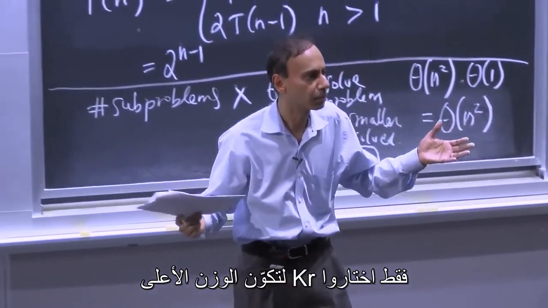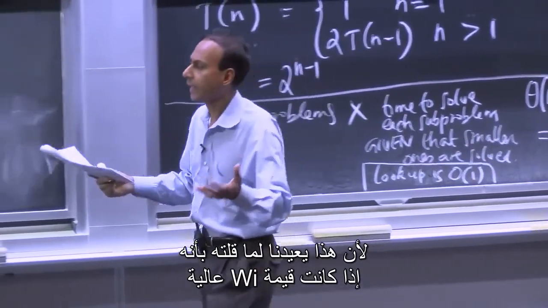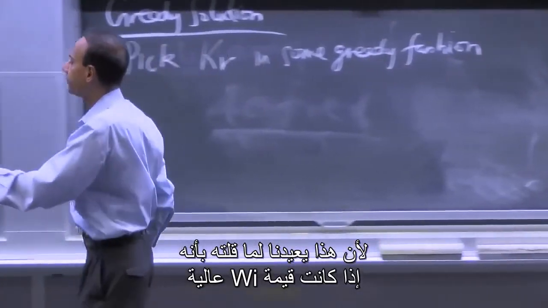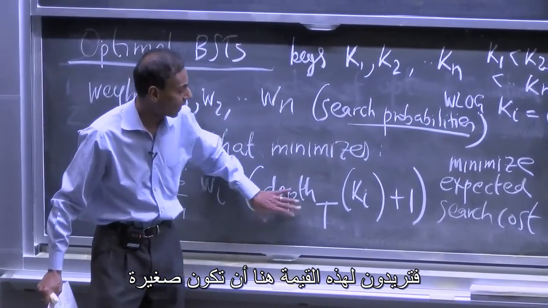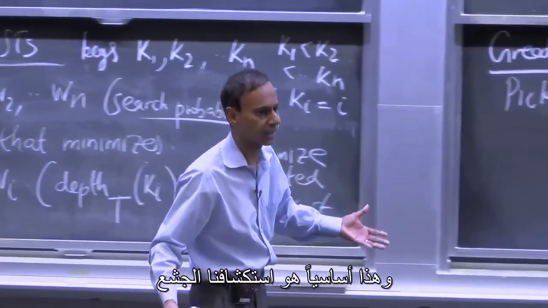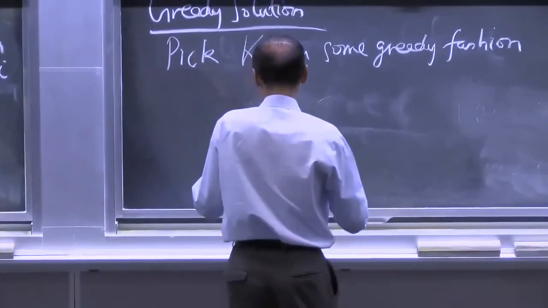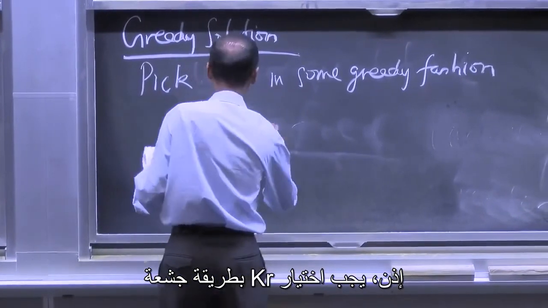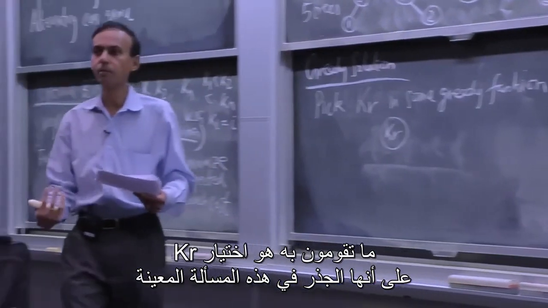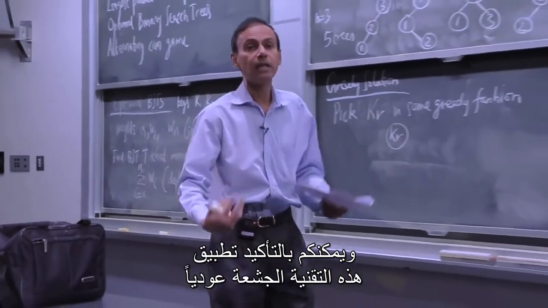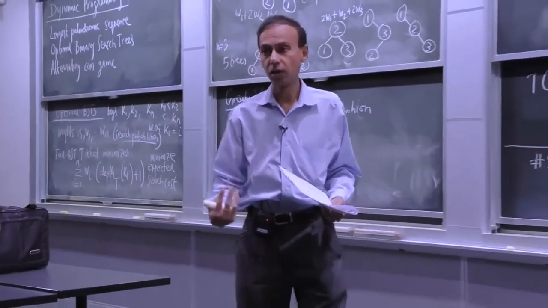So just pick K of R to be highest weight, because that goes back to what I said about if Wi is high, you want this value here to be small, right? So that's essentially your greedy heuristic. So K of R should be picked in a greedy fashion. So you pick K of R as the root in this particular problem, and you could certainly apply this greedy technique recursively, okay?